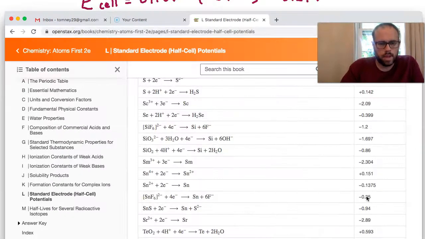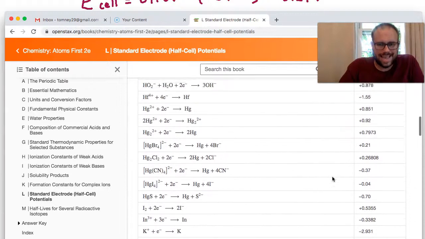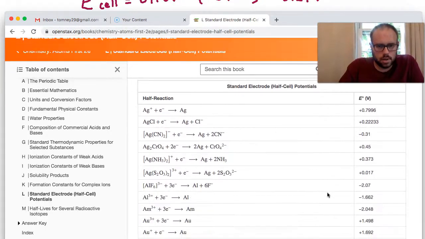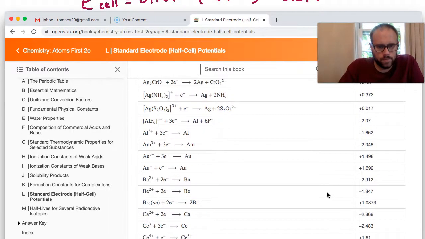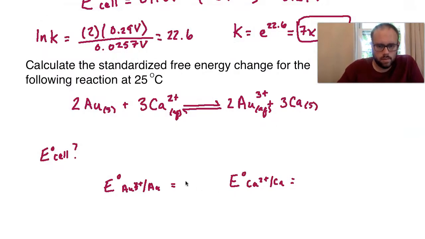Bringing our chart back up. Gold is AU, so we'll go to the top of this chart here and find AU. All right, gold 3+ is 1.498, so it's going to be approximately 1.50, so that's the value I'll put there. Okay, let's go ahead and mark that down. 1.50, and that was positive.